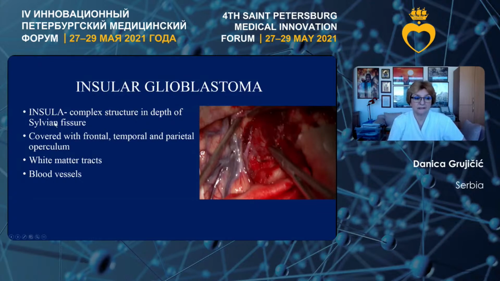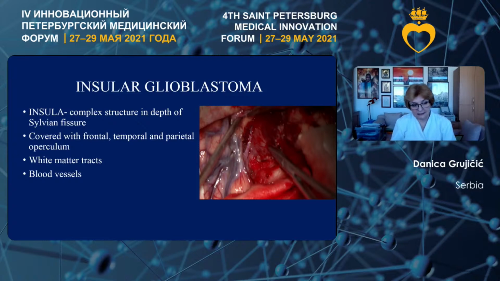If we have an insular glioblastoma, that's a very complex structure in the depth of the Sylvian fissure. It's covered with the frontal, temporal, and parietal operculum, and it's very close to the white matter of the brain, its tracts, and the vessels.